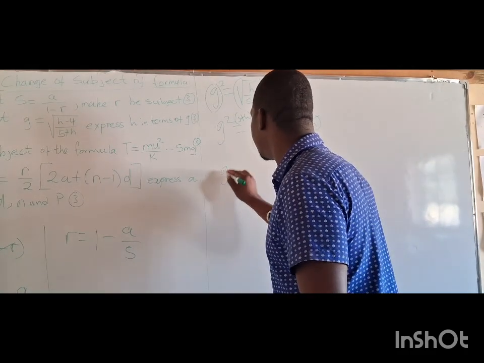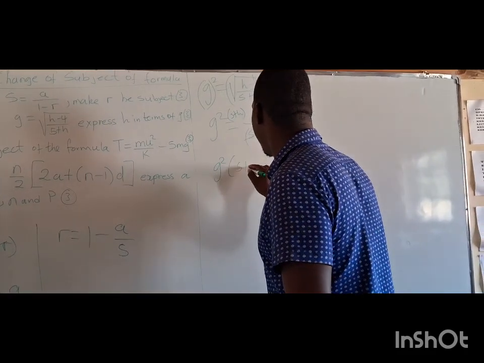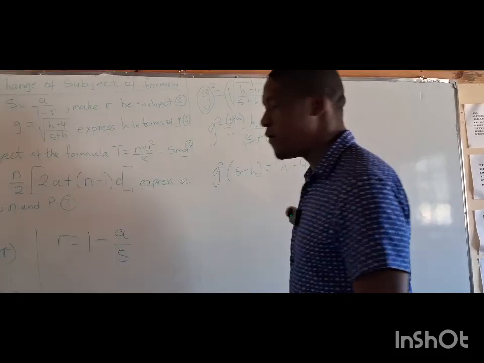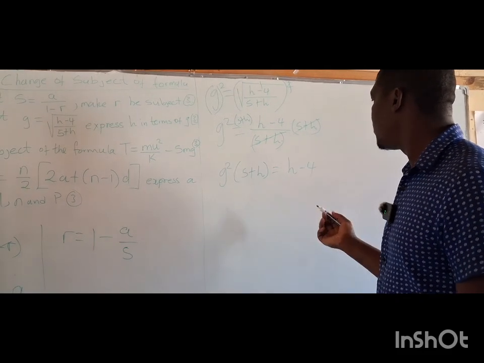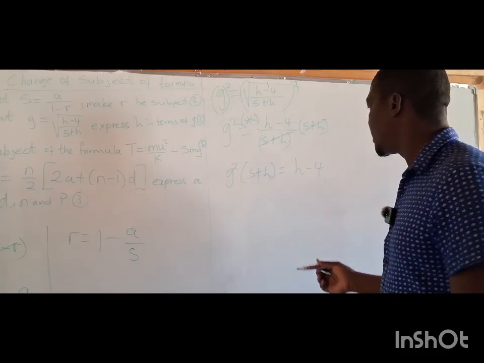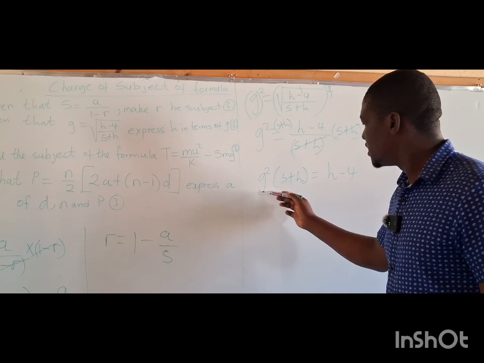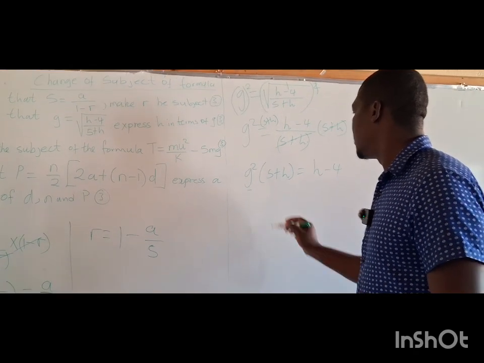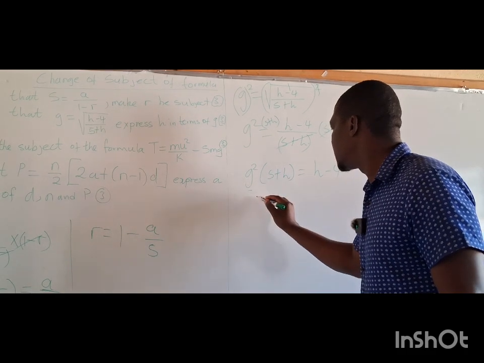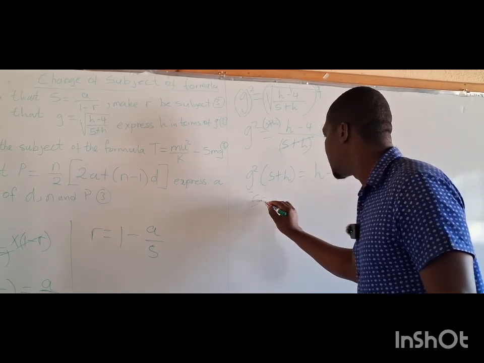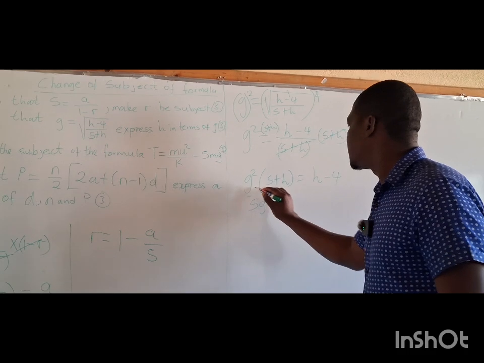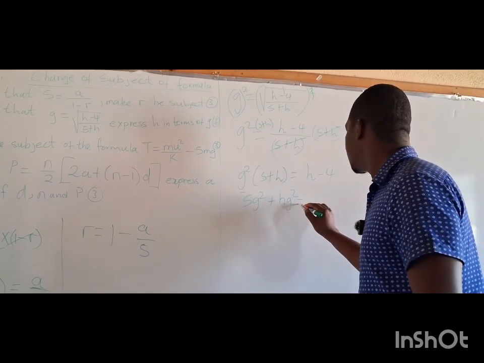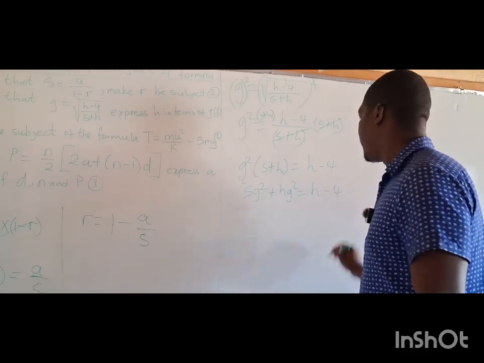You are left with G squared times 5 plus H is equal to H minus 4. We want to make H the subject. So this G squared will multiply everything inside this bracket. G squared times 5, we are having 5G squared. G squared times H, we are having HG squared, is equal to H minus 4.